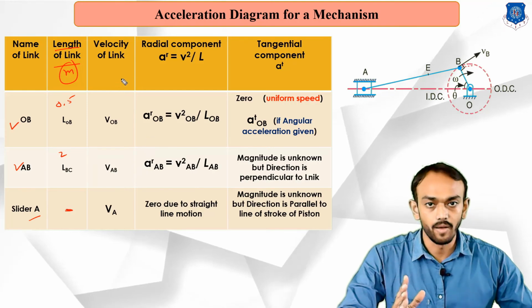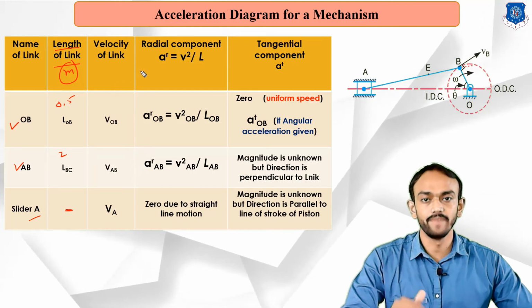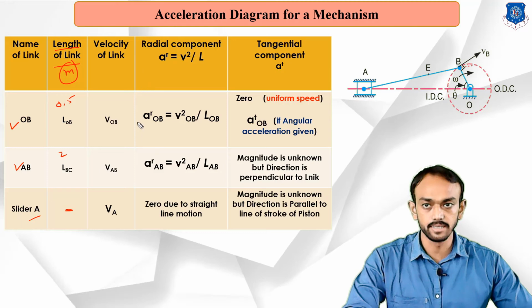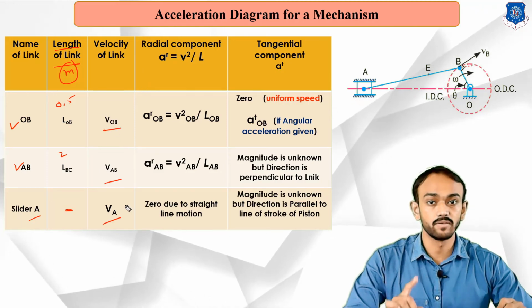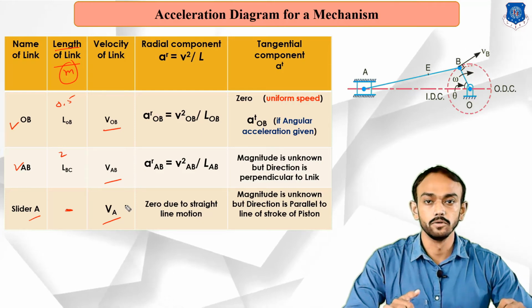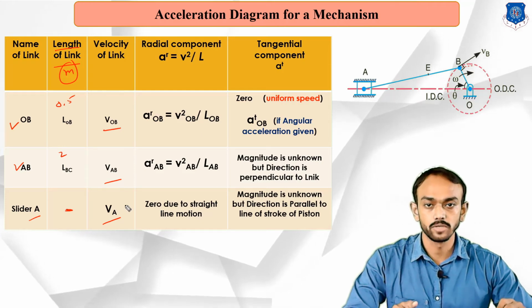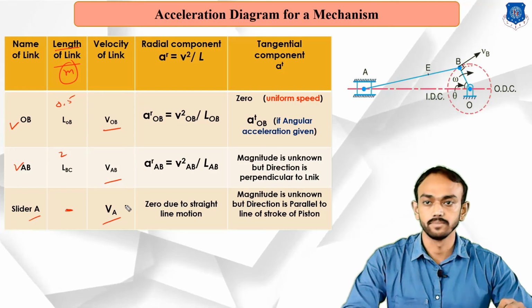Now we will find the velocity of every element in the mechanism. If you want to solve any example of acceleration, first find the velocity of every element in the mechanism.